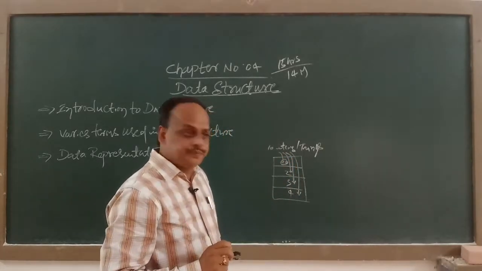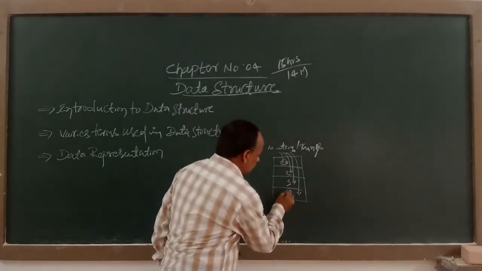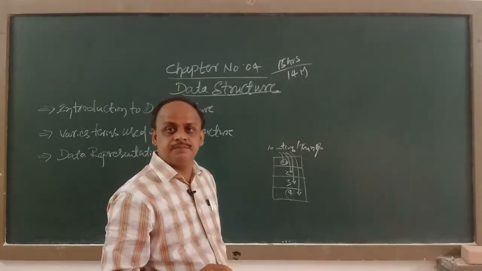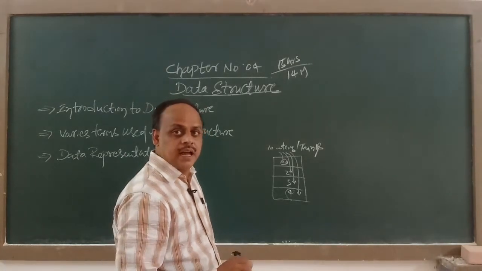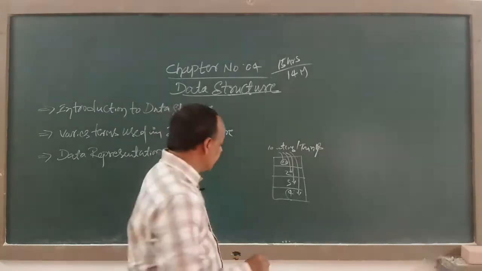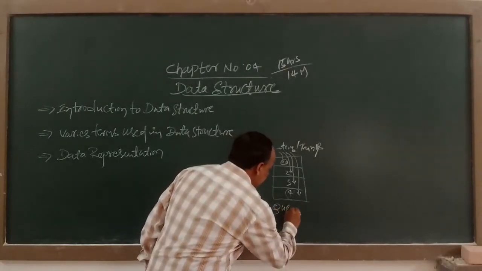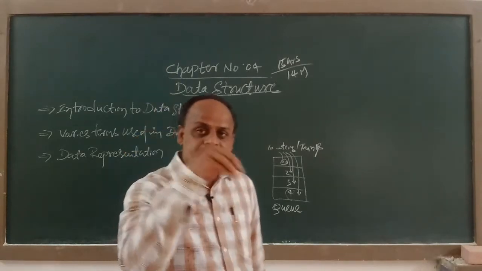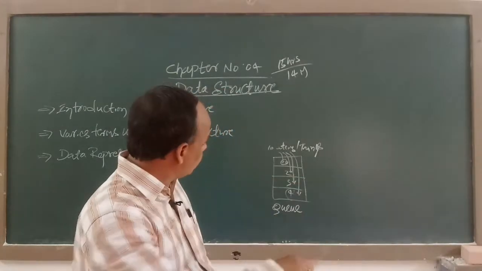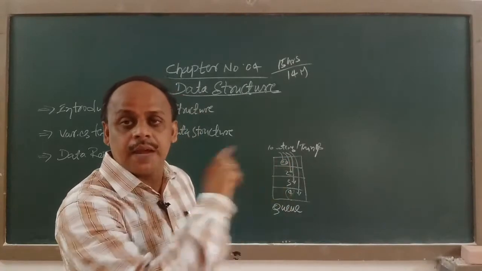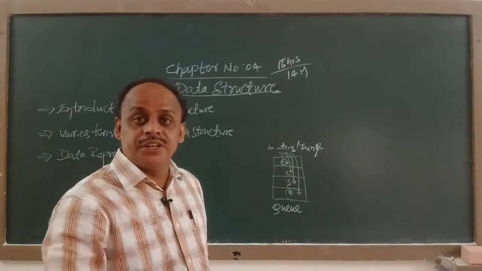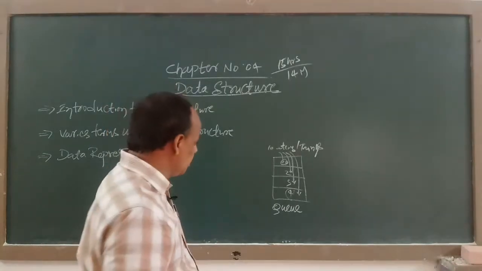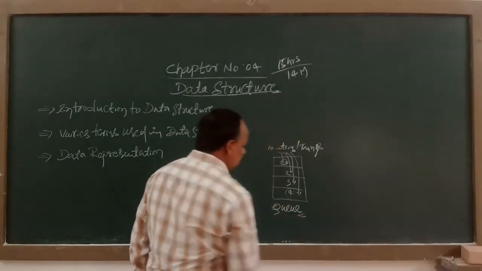Now I want to remove the first inserted element, that is 4. How is it possible? It is possible. I have to use a concept called queue. I enter 4, 3, 2 and 1, and now I want to delete the first inserted element. Then it is possible using the concept called queue.